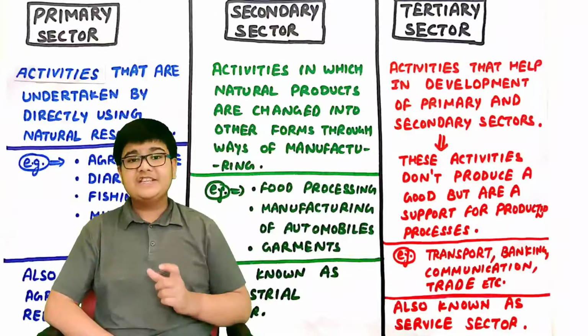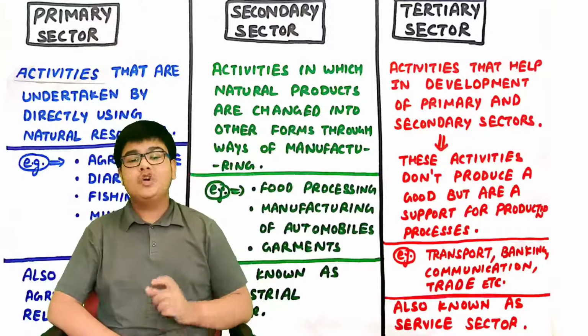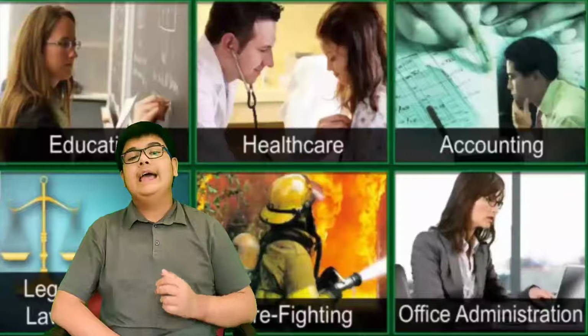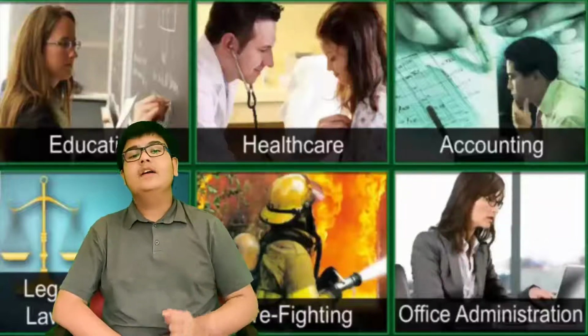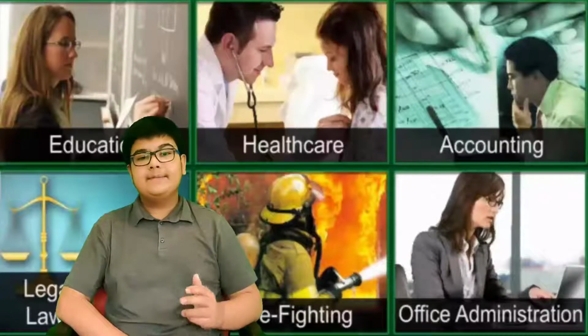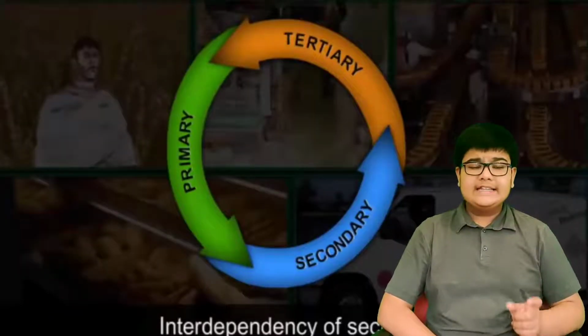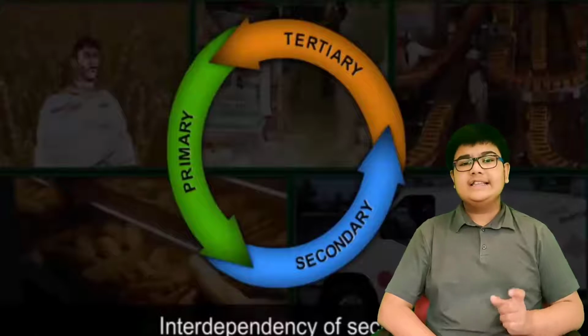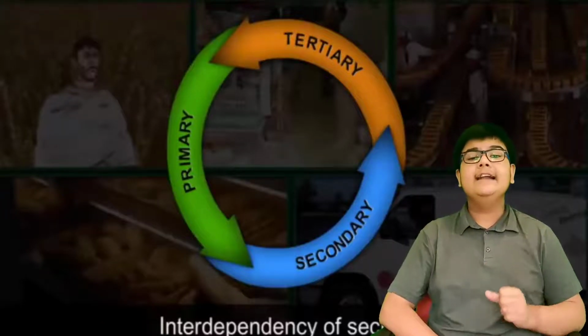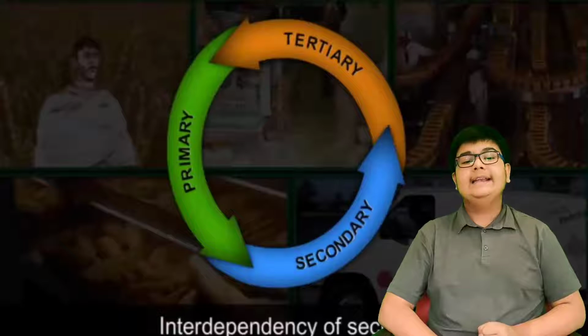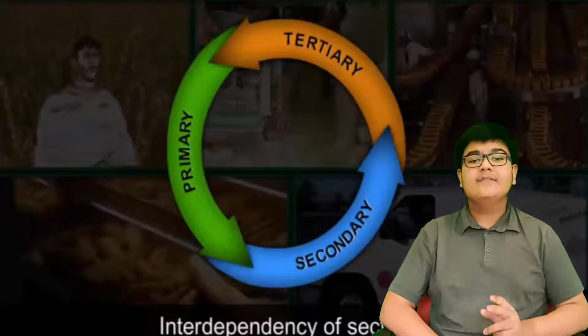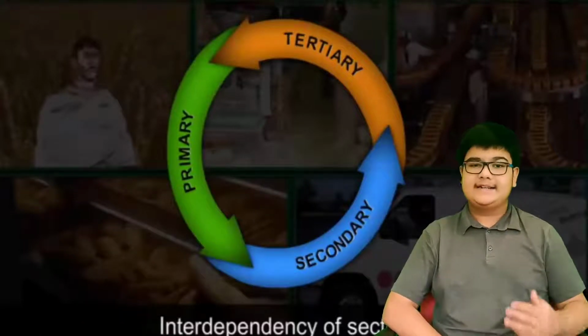Now, the tertiary sector also includes jobs such as education, healthcare, accounting, lawyers, administrative work, and information technology, such as the software and all the mobile apps, etc. It is important to note that all these three sectors are highly interdependent on each other, and failure of one sector will result in loss in other sectors also.